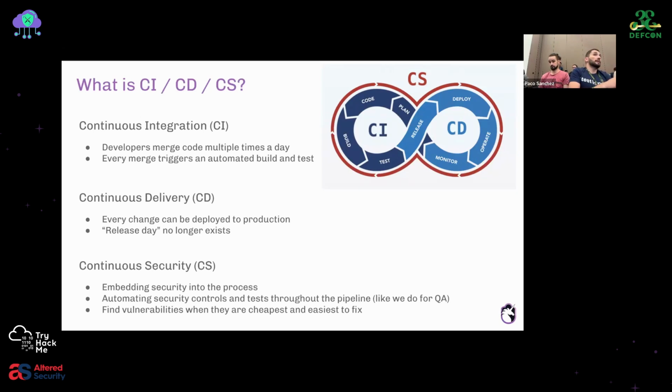In case you are not familiar with these terms, CI involves developers merging code, testing, and all the process before starting the deployment. The CD ensures that all the changes can be easily deployed, making releases that happen all the time, and also operating, monitoring, running the end-to-end tests or everything that you have. And continuous security is just adding security to the whole process.